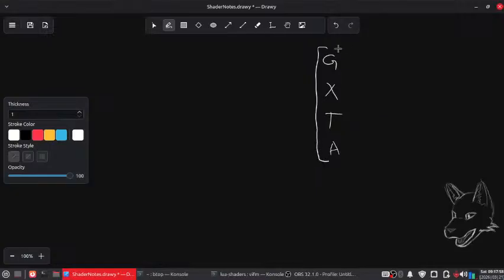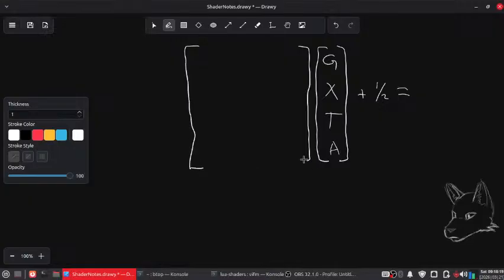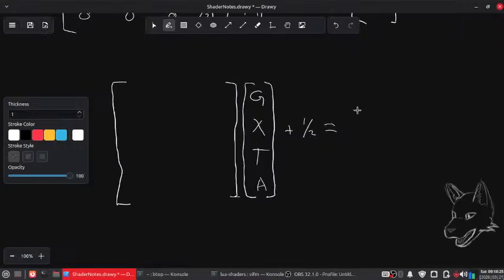GXTA. Some matrix M. Some magic matrix M times GXTA plus 1/2 is equal to R G B A. Okay?